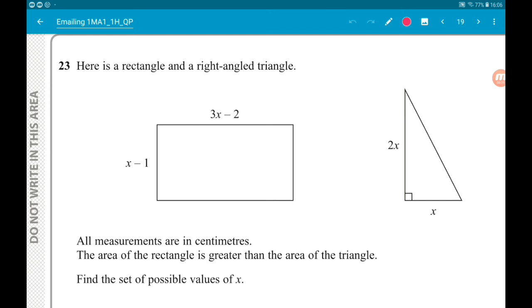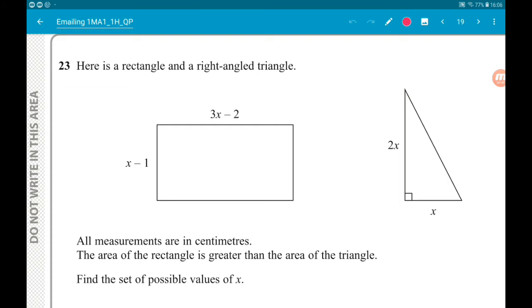The area of the rectangle is greater than the area of the triangle. So that sentence is where the inequality comes from. We want to find the set of possible values of x. Okay, so first step, let's find each of these areas.